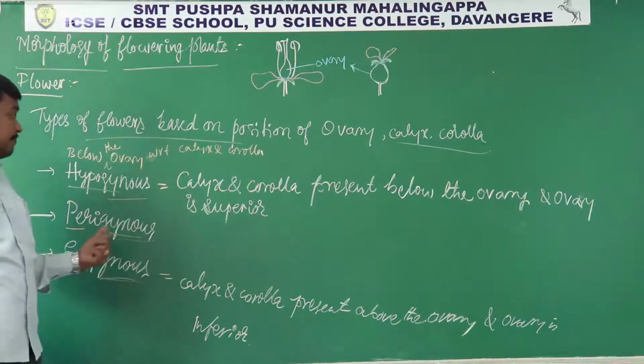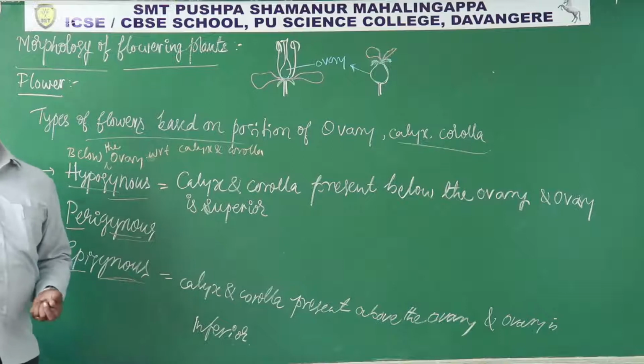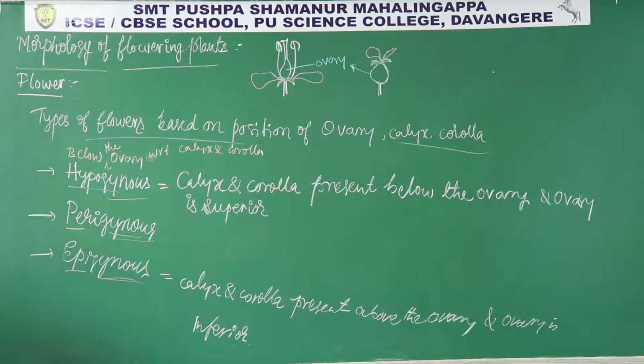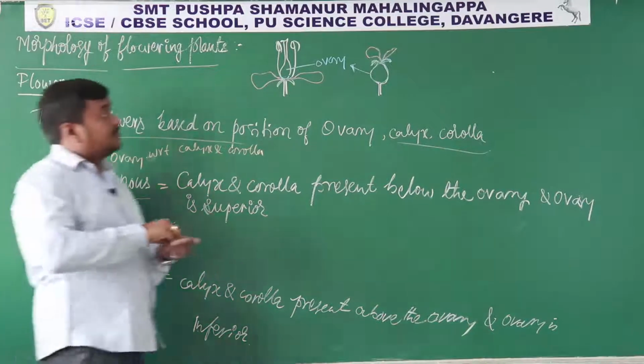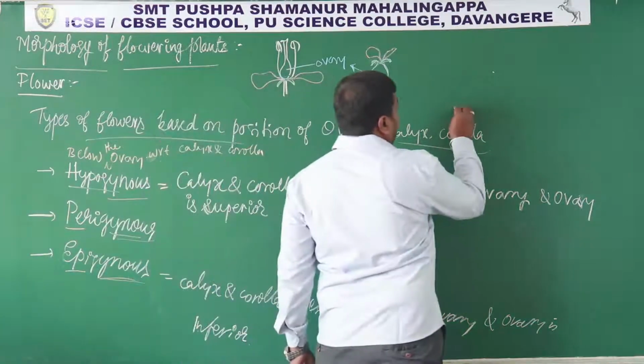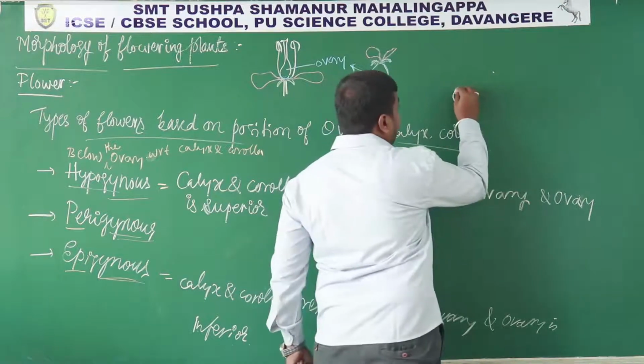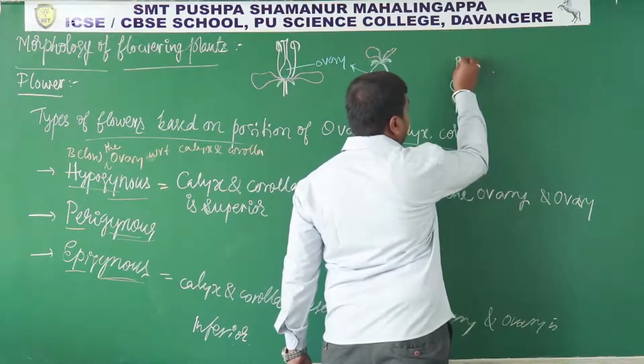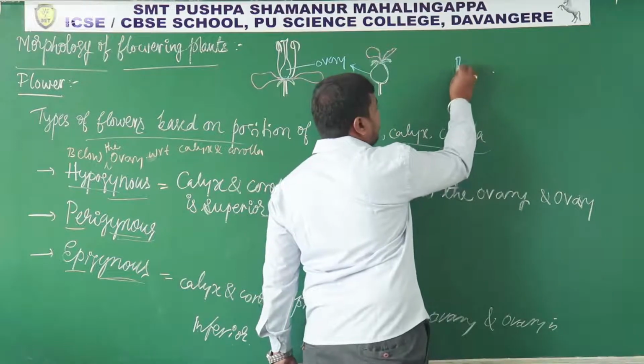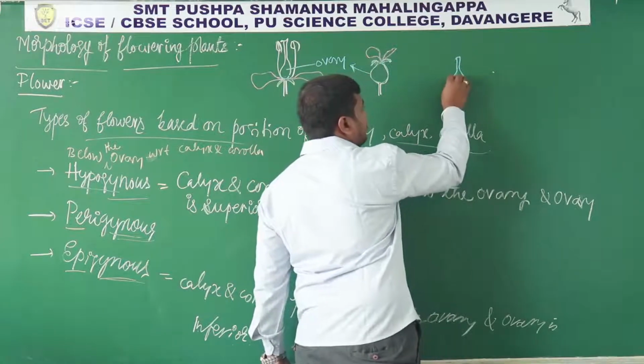Then what is perigynous, or how are these different types of flowers formed? Let us discuss by taking an example. Here is the thalamus. In a normal condition, the ovary is present like this on the thalamus in a hypogynous flower.